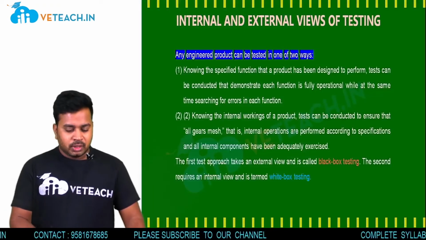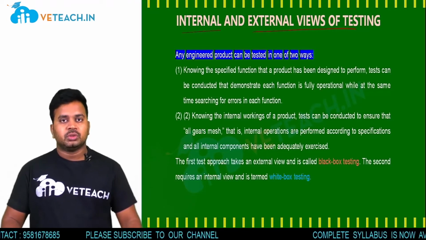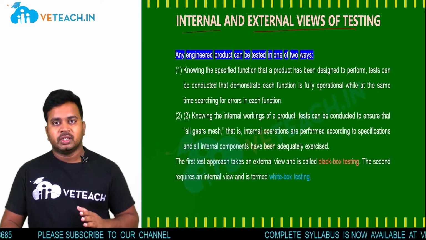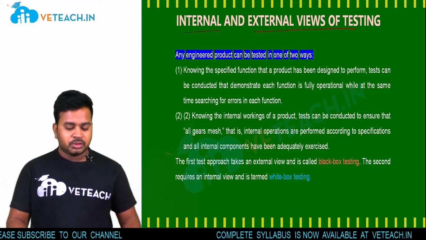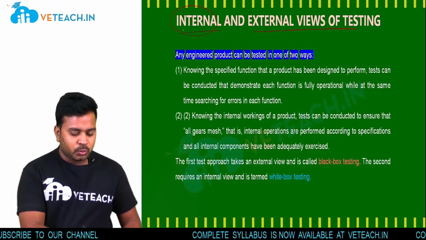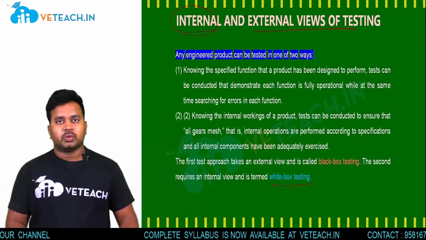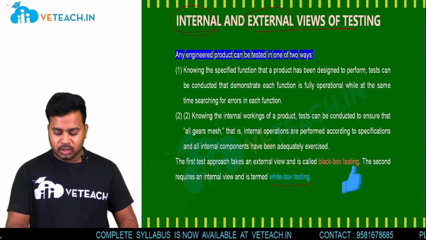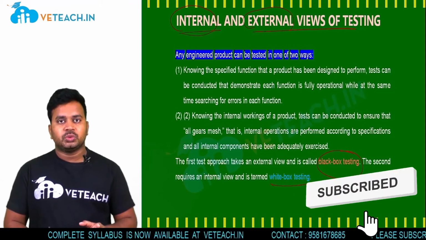Next, internal and external views of testing. Mainly in software testing we have two kinds of testing, internal and external. Internal testing is related to white box testing, whereas external testing is called black box testing. What is the difference between these two?